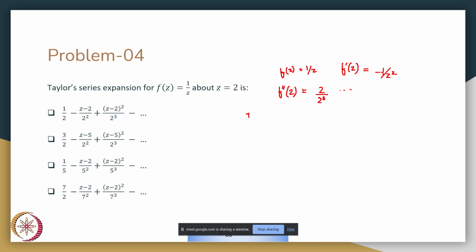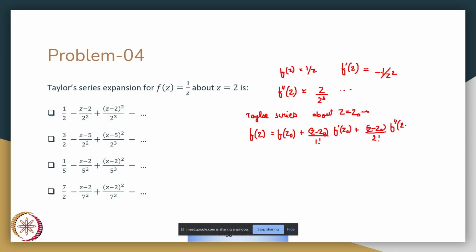My Taylor series expansion about z equal to z naught would be: f of z is equal to f of z naught plus (z minus z naught) by 1 factorial into f dash of z naught plus (z minus z naught) by 2 factorial into f double dash of z naught, and so on.